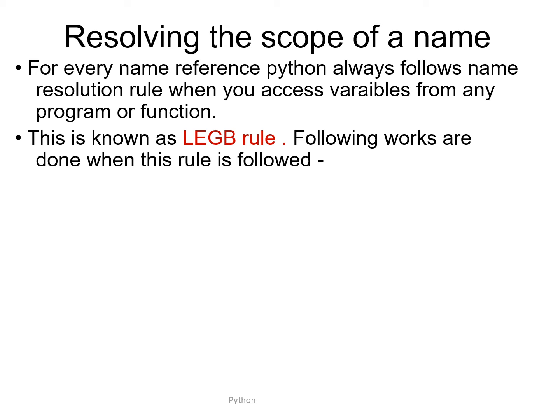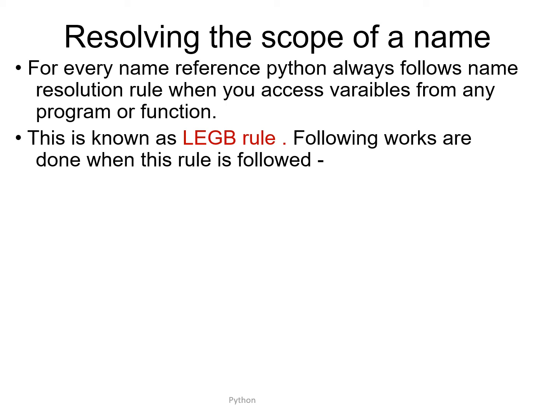In some cases it will be the same name as we have given and that is already in the module. Then the compiler will get confused about which variable you are asking for. Then there is a rule for resolving the scope of a name. For every name reference, Python always follows a name resolution rule when you access a variable from any program or function. This is known as the LEGB rule.